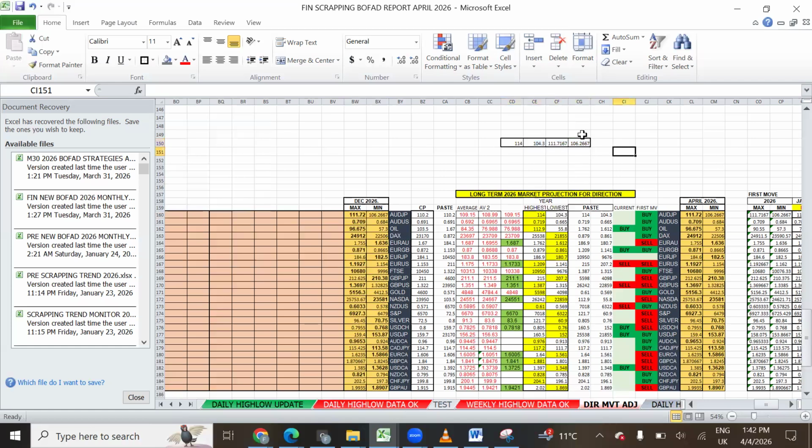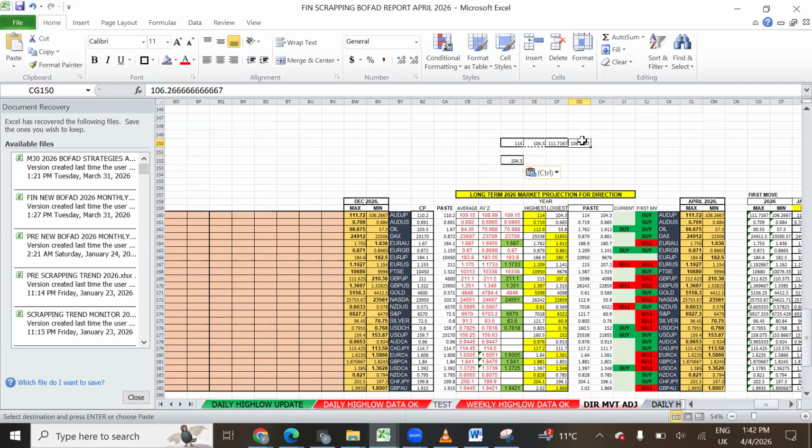So now, for us to work on this, let's sort them in hierarchy, from lowest to the highest. So we have 104.3, okay. Next is 106, we bring it here. Next is 111, we bring it here. Next is 114, bring it here, okay. So the current price is going to be within this range for now.